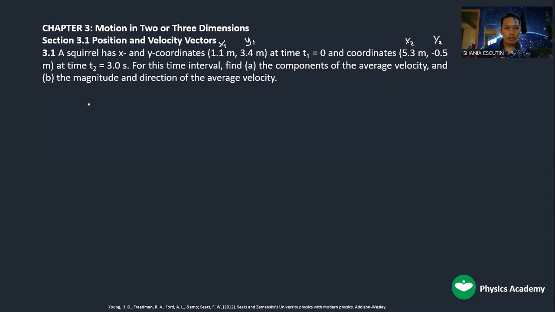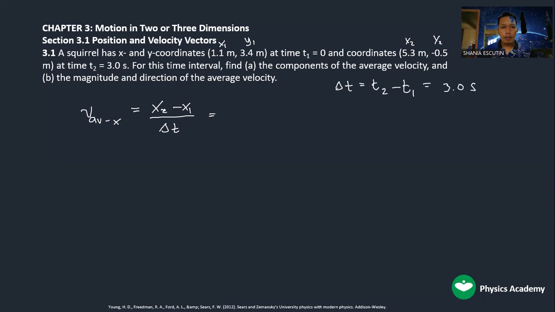From the definition of average velocity, for the x-axis we have the displacement along x over the time interval. The time interval is t2 minus t1, and we know that t1 is equal to 0, so this is equal to 3.0 seconds.